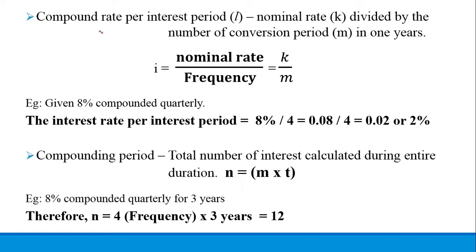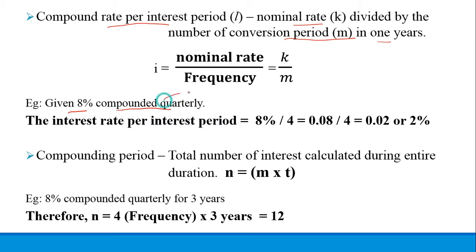The compound rate per interest period is the nominal rate K divided by the number of conversion periods M in 1 year. Let's say given that the interest rate is 8% compounded quarterly.